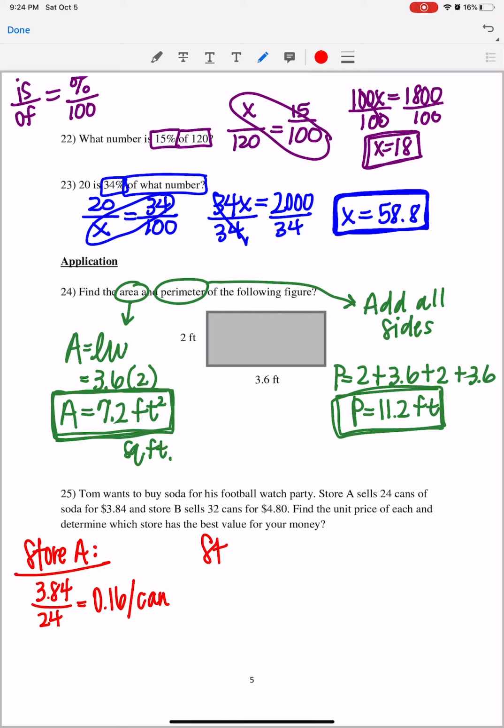So then Store B, do the same thing. We want money on top over my amount of cans. So $4.80 divided by 32. Put that in your calculator.